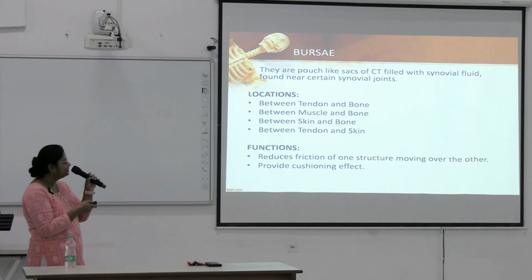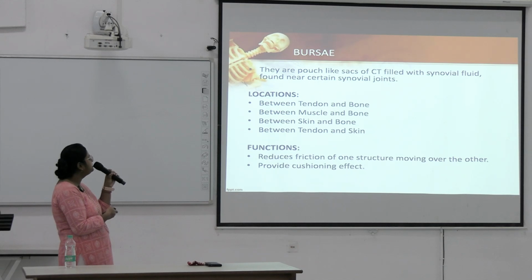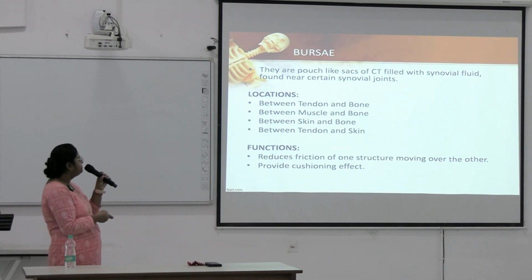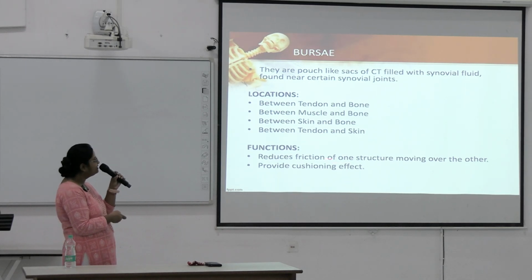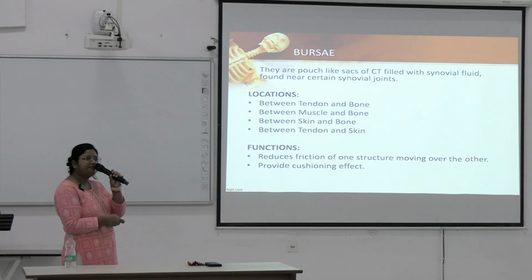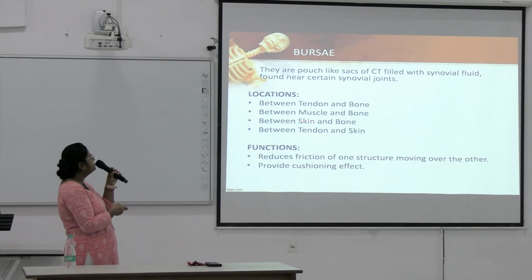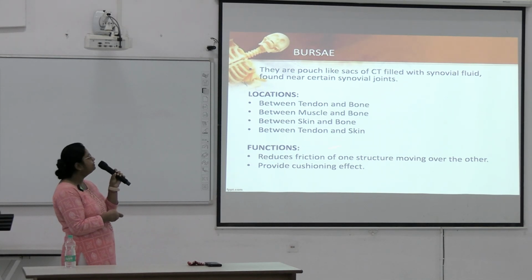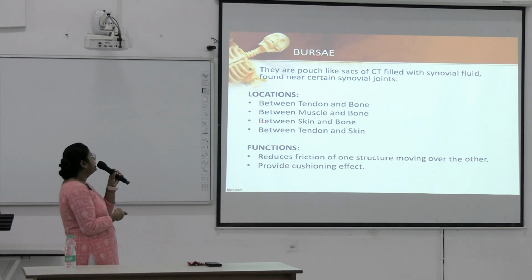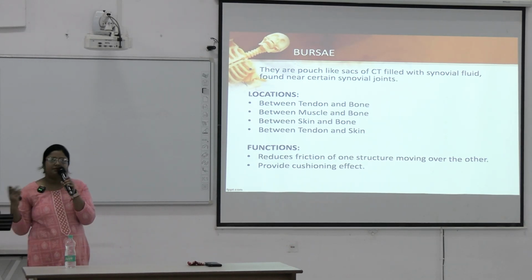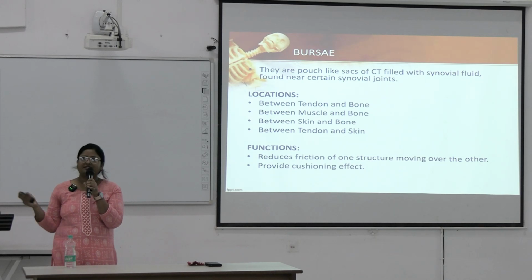These are examples of bursae. They mainly reduce friction of one structure moving over another and provide a cushioning effect. They lie between the tendon and bone, between muscle and bone, between skin and bone, and between tendon and skin. In all those areas they may be present and they prevent friction.